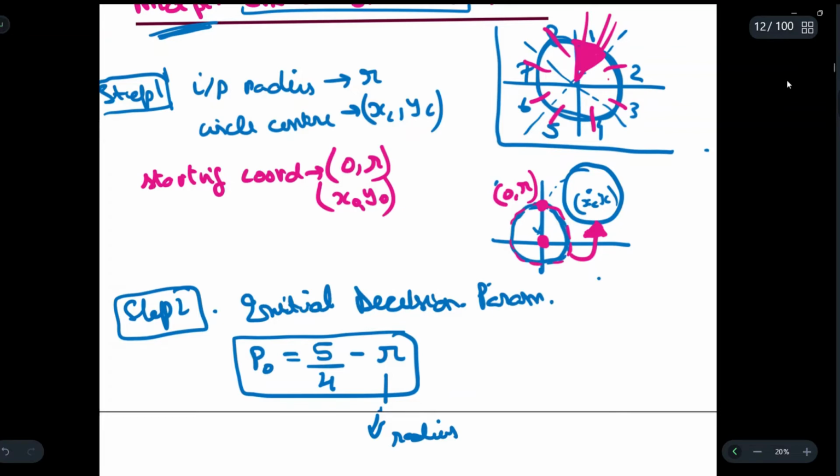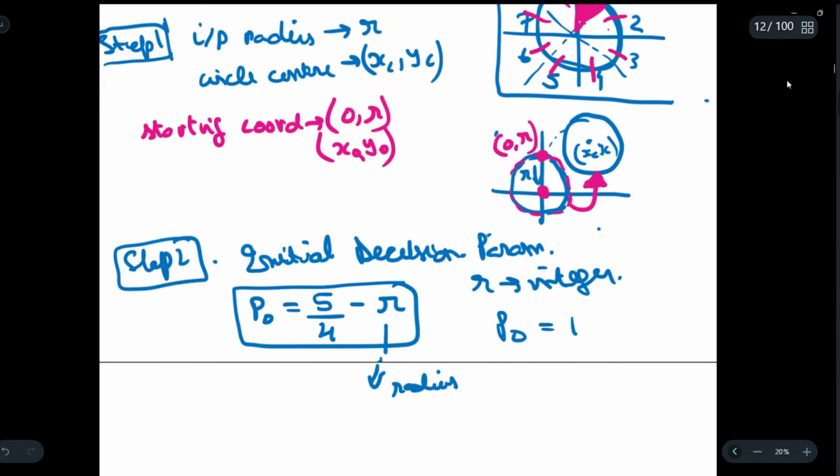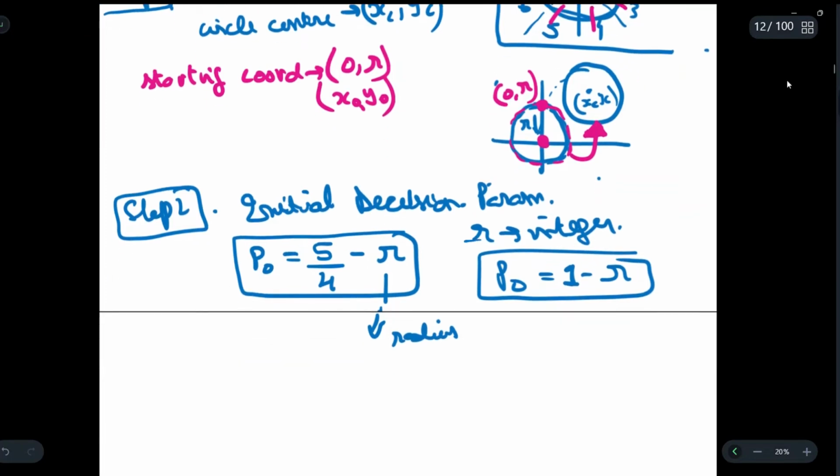Now, if the value of R is an integer, then we will take the formula as P naught is equal to 1 minus R. That is, we can remove the 5 by 4 and consider it as 1, and we can use 1 minus R whenever R is an integer.